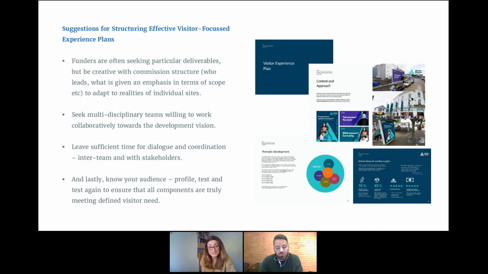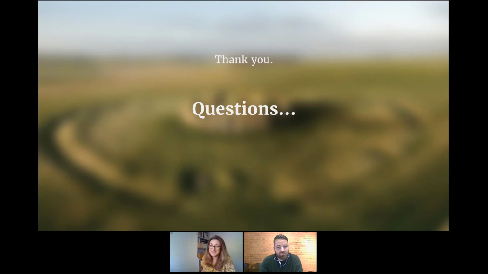And then as the process goes through, really be willing to commit time to testing and testing again, building a rapport with potential audiences and community groups to ensure that all the components being put forward, whether it's transport, people movement, environmental or interpretive and design devices, are truly meeting your defined visitor need. So they're just a few learning points and things to consider from us.